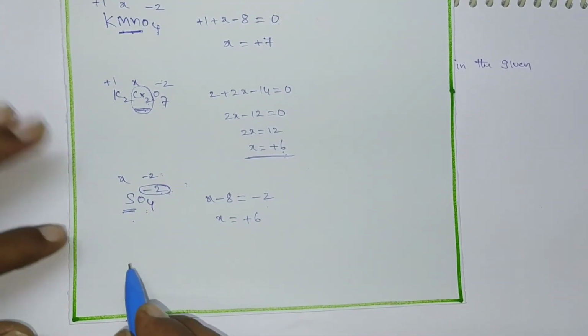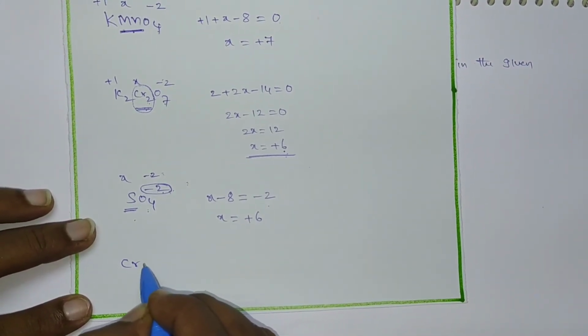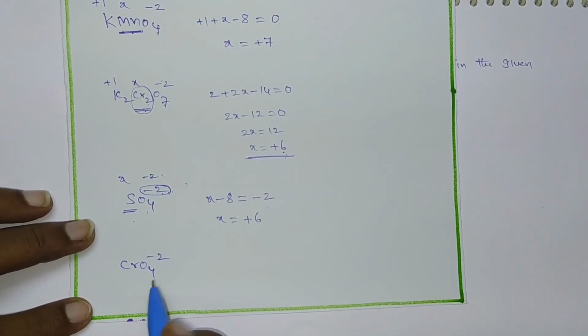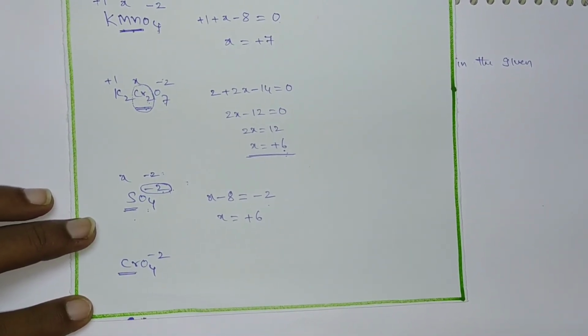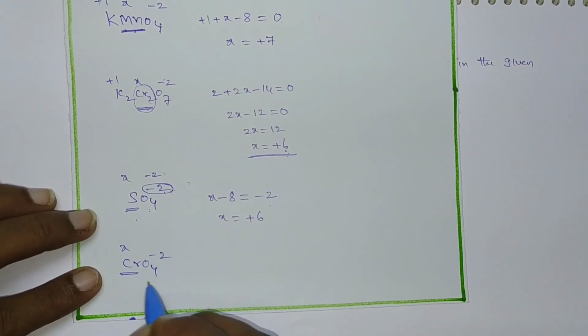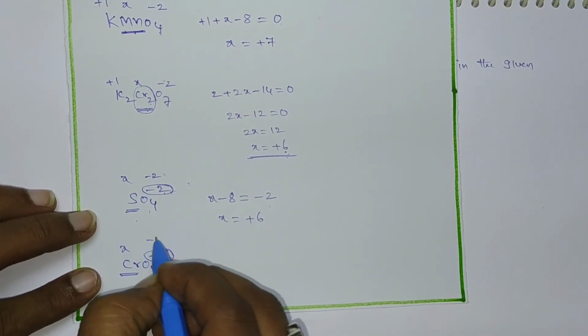Let us take one more example, chromium. CrO4 2- is the chromate ion. In the chromate ion we have to find the oxidation state of chromium. Let it be X, the charge is -2, and the oxidation state of oxygen is -2.